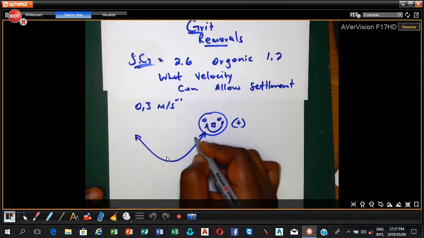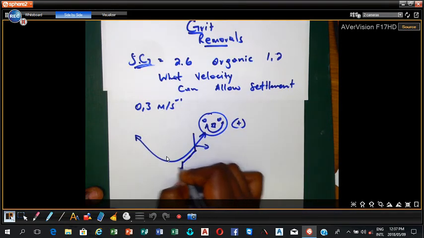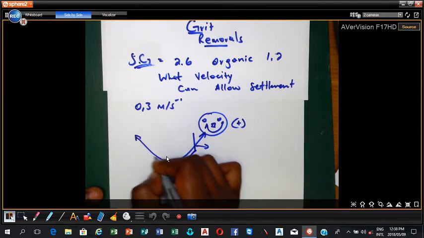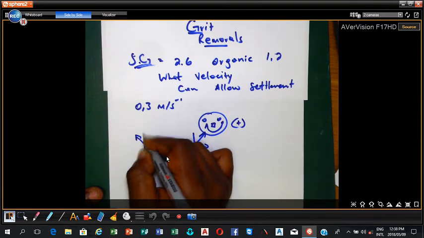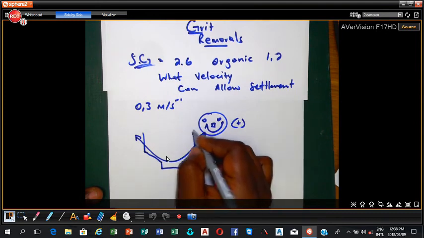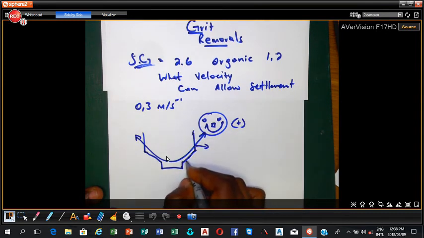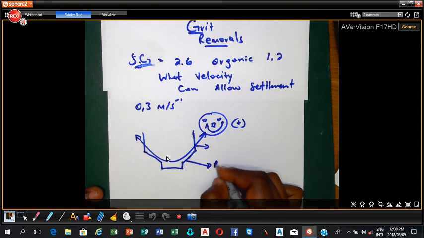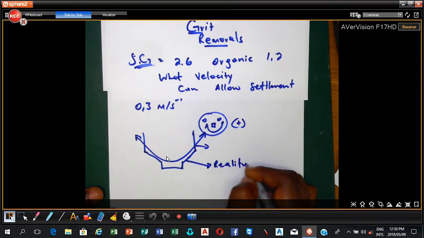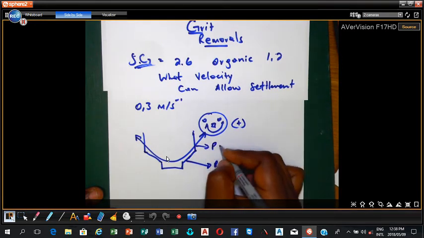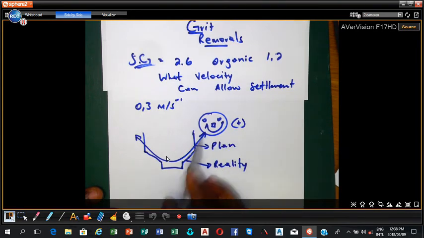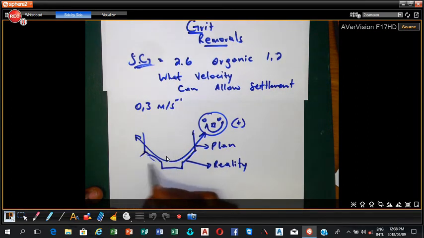Now the parabolic form, funny enough, if you look at the context of the design, it might look similar to a parabolic, but the structural construction does not reflect such. Now this is the reality, and this is the plan to obtain the parabolic shape, but the reality is allowing us to construct it with corners, as we can see, a trapezoidal shape kind of.